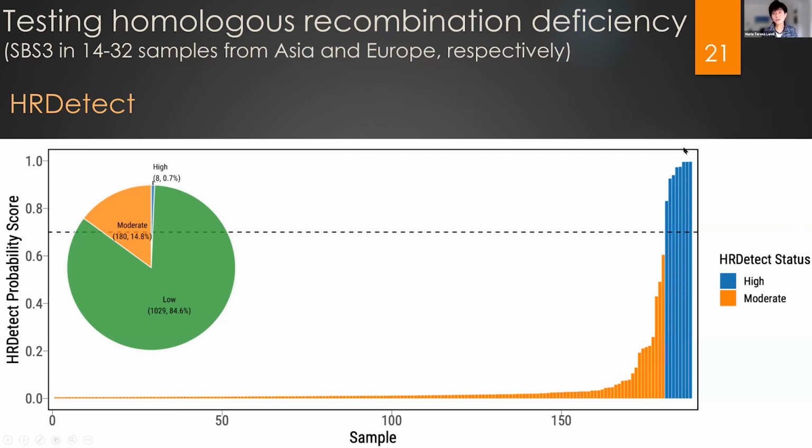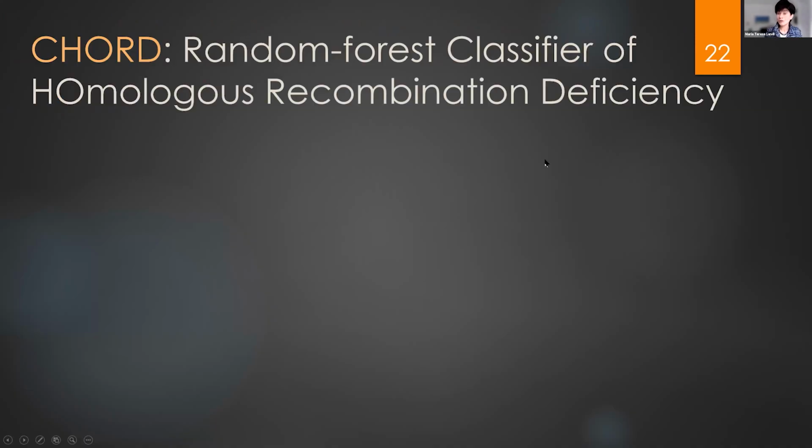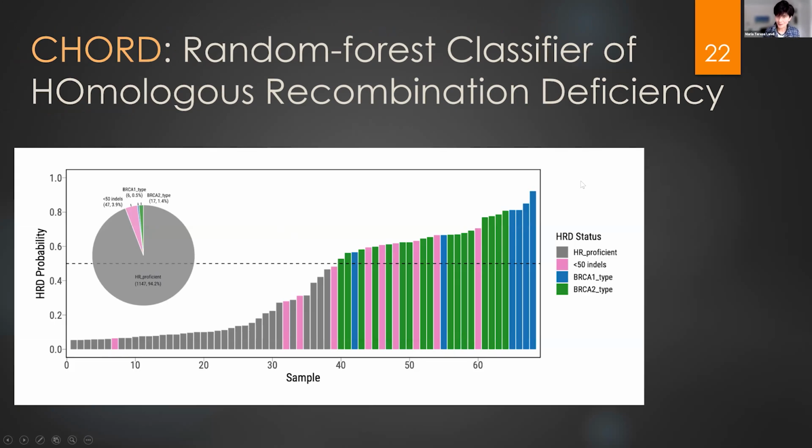And we saw there were only 8 samples that were identified. They were all non-smokers based on this algorithm. And when we tried CHORD, the random forest classifier of homologous recombination deficiency that was trained across different cancer types in the PCAWG study, we saw more samples that were associated with homologous recombination deficiency.